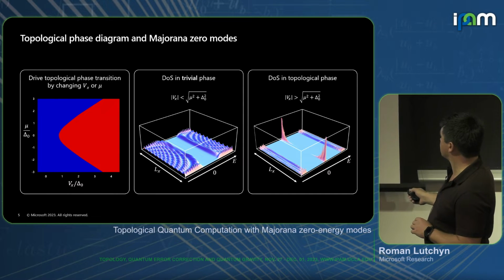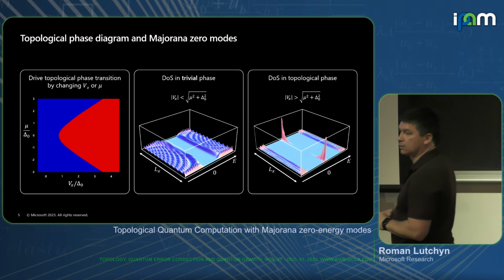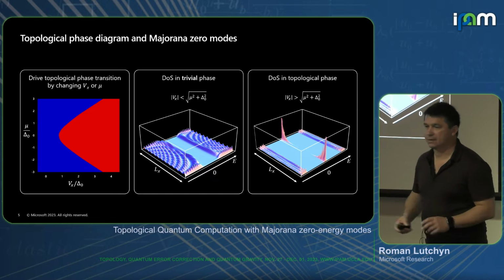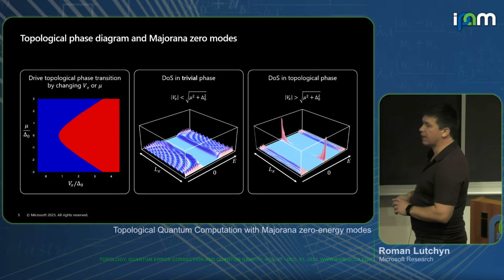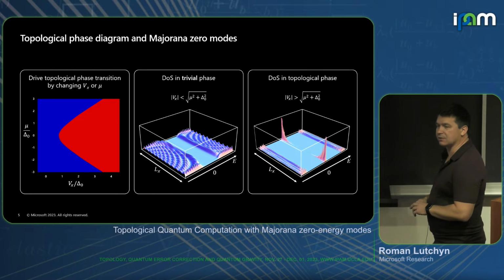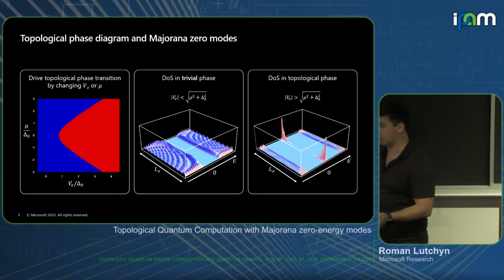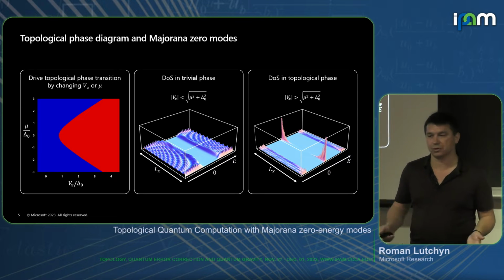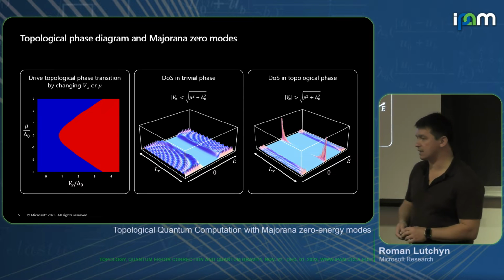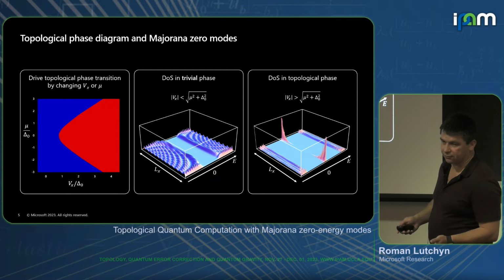These tails are exponentially suppressed by the superconducting coherence length. So it's a very simple model, but the reality is not that simple. The main question we've faced since 2010 is how to realize this model, how to engineer the right system that realizes this model in actual devices.